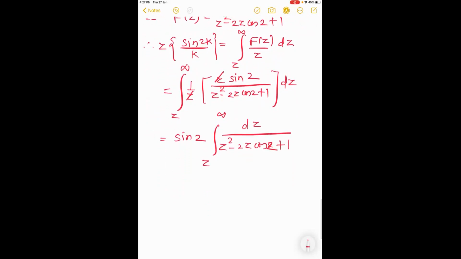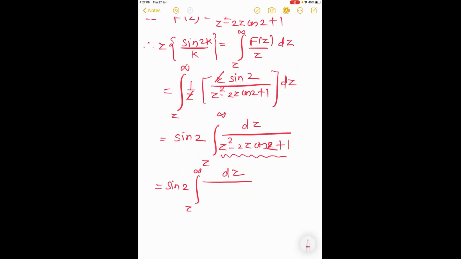Therefore, this is sine 2 integral z to infinity dz upon a denominator. Whenever the denominator contains a quadratic term like this, adjust it like a squared expression, because that has the standard formula in integration.